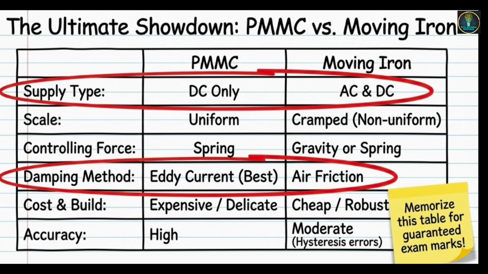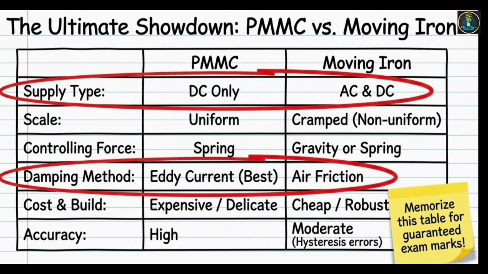Controlling force: for PMMC, spring control, and gravity or spring for MI type instrument. Damping method: for PMMC, eddy current, the best, and air friction for moving iron instrument.